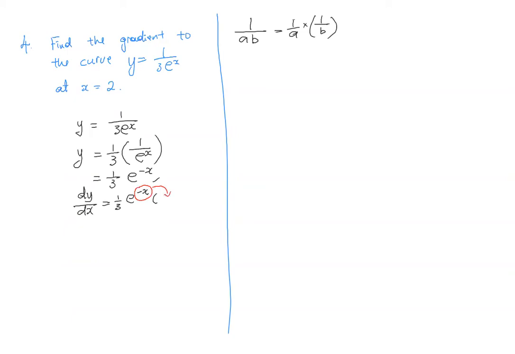How is it negative 2? If my fx is negative x, what is f prime x? Oh, negative 1.